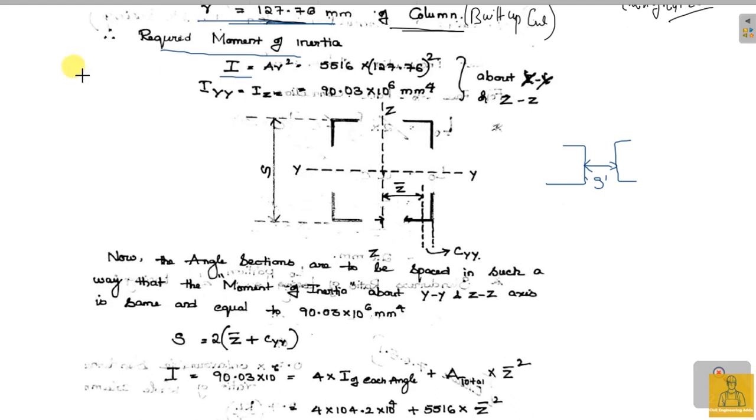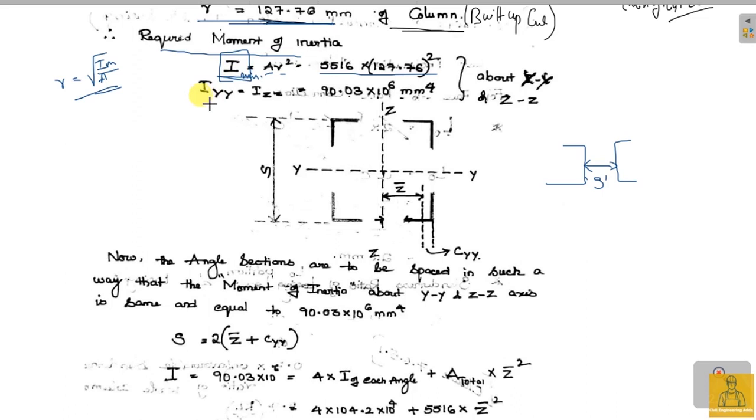Of course, you know this, and this is how you get this formula: R is equal to root of I minimum by A. I found out the value of I that is required. I know A, and R is calculated above. So this is the moment of inertia of the built-up section that is required. This is the I minimum.